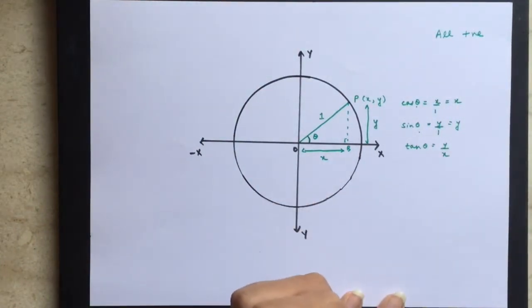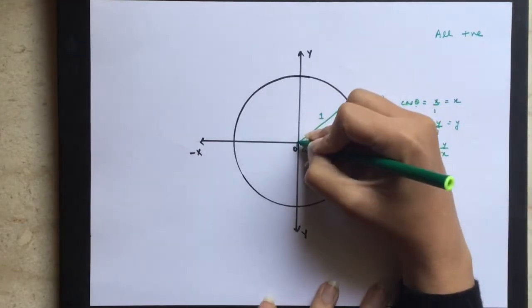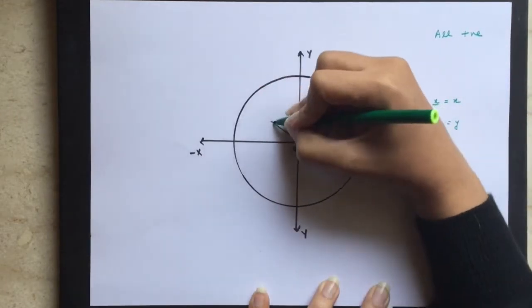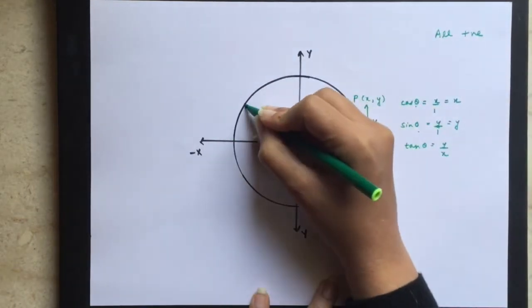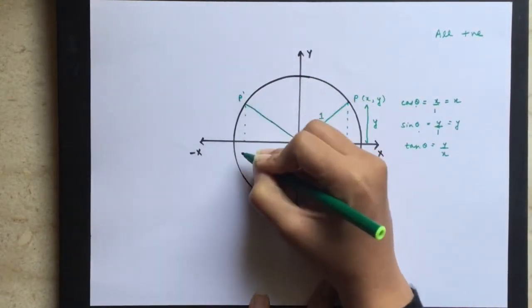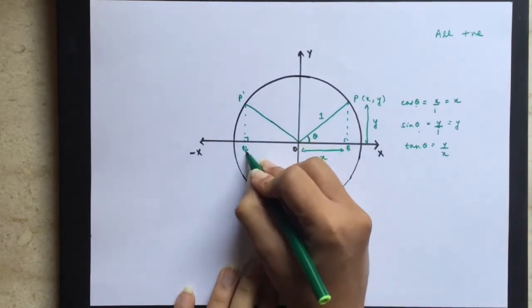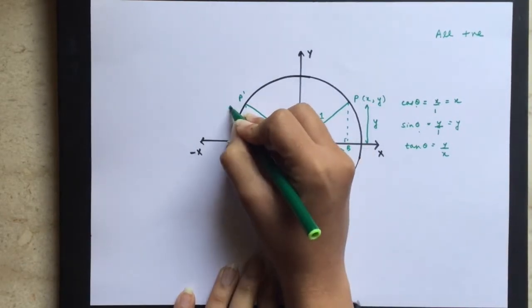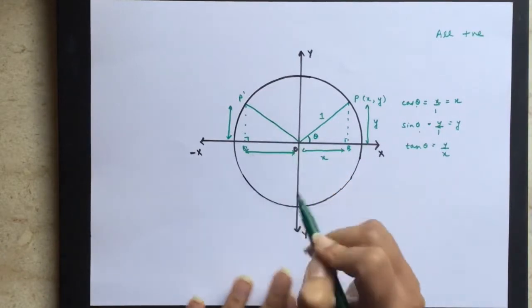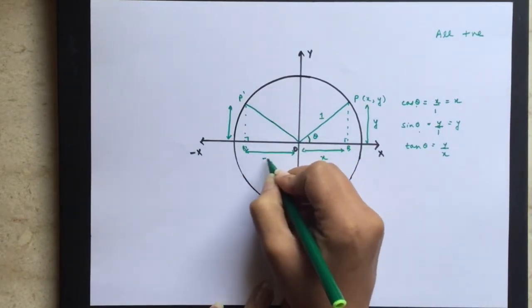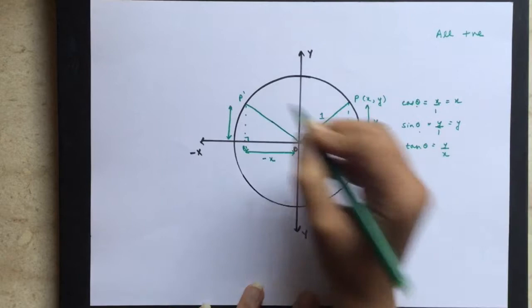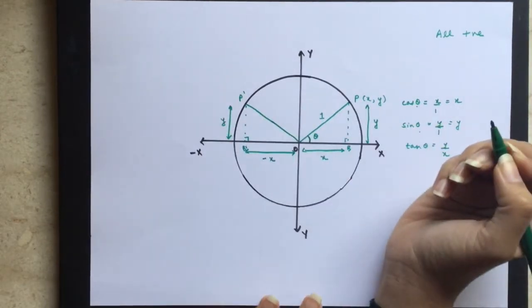And now let's move to the second quadrant. Let me draw a similar triangle which touches the circle at P dash and a perpendicular on x-axis B dash. This means this is also x and this is also y. It's just that because now we're in the second quadrant, this value will actually be represented as minus x and this will remain plus y.